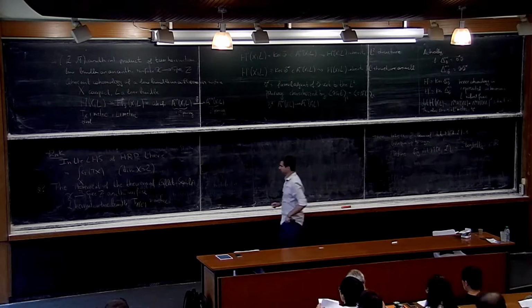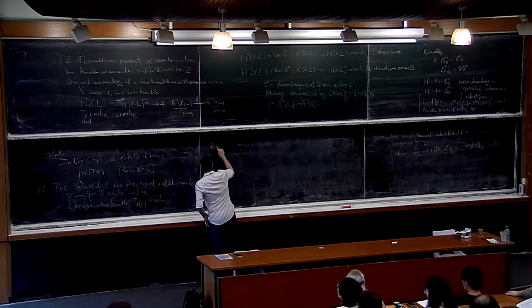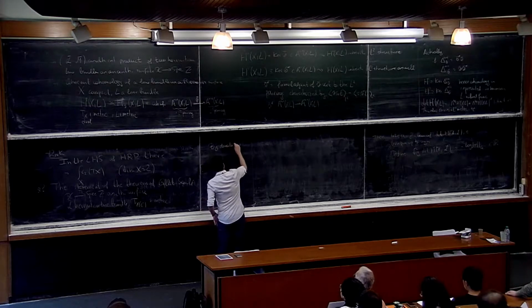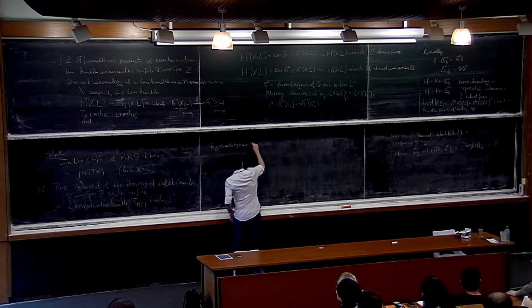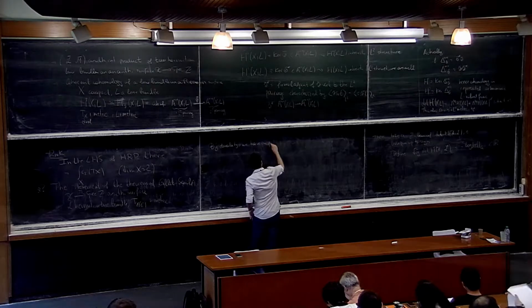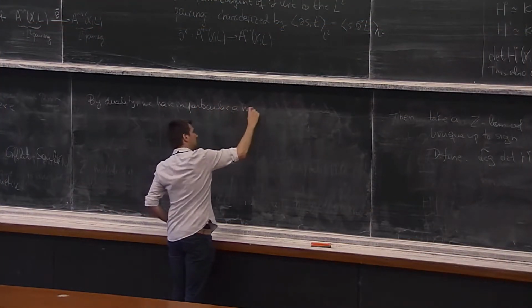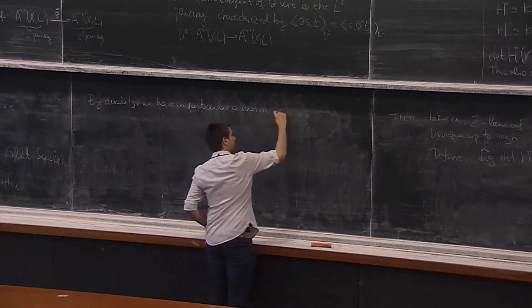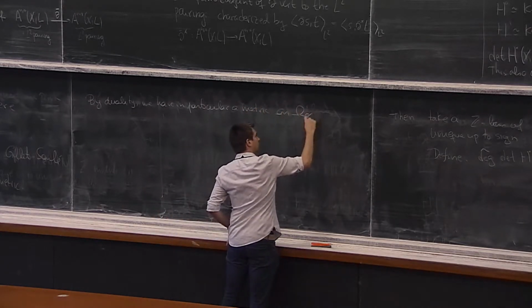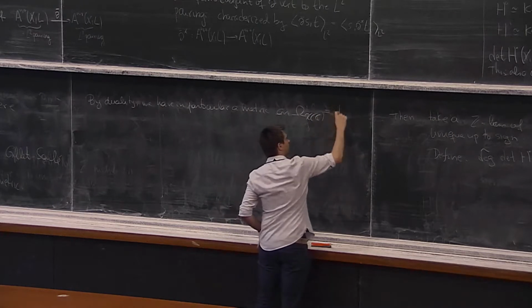as a metric on the dualizing sheaf of this arithmetic surface. So by duality, we have in particular a metric on the cotangent, which is the dual of the tangent.